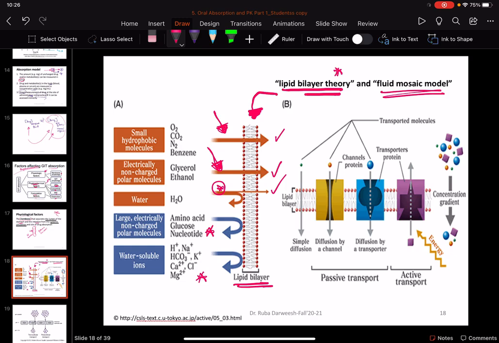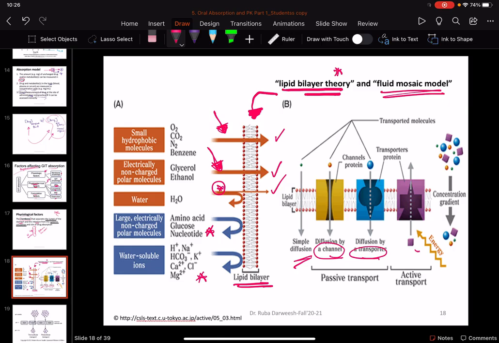We know also that other than simple diffusion, we have channels or transporters, energy dependent or energy independent. We have carriers, we have pores. Everything related to those kinds of transport, uptake, distribution or passing of materials through membranes would affect the absorption of the drug.